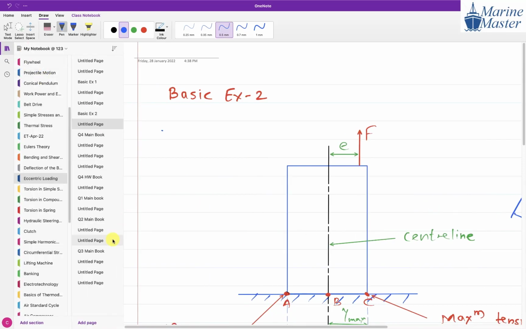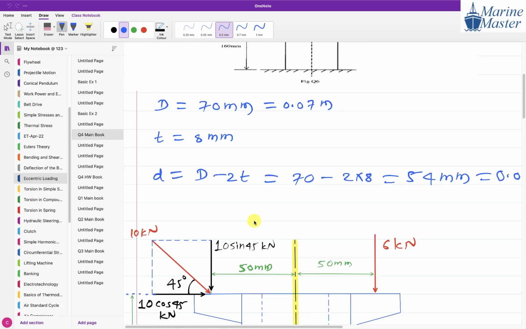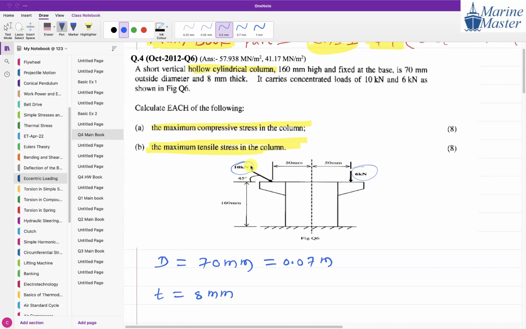If you observe this numerical, just have a look at it. See, the forces here: one is an inclined force, another one is a vertical force. The story will be complicated like that.